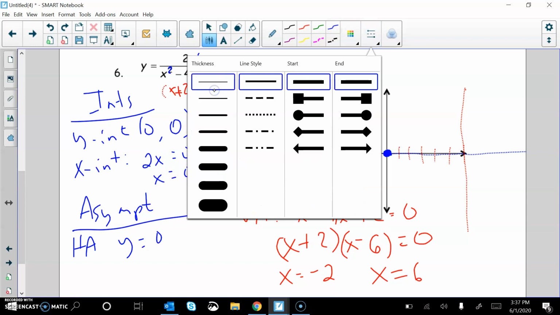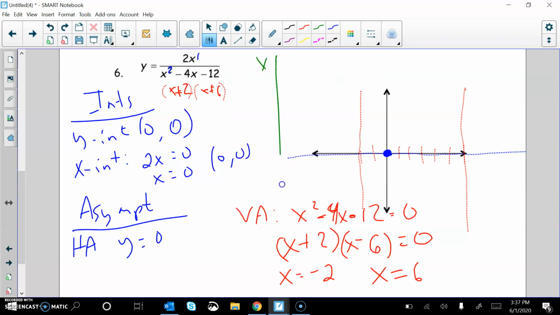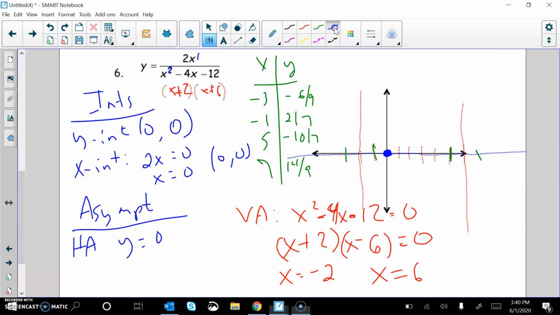We need a table of some sort to help guide us, see what's happening right around these values. So I'm going to pick, let's go -3, -2 we cannot plug in. Let's plug in -1. Let's plug in 5 and 7. So I'm just picking numbers right around our vertical asymptotes to see what's going on. All right, I plugged in some values.